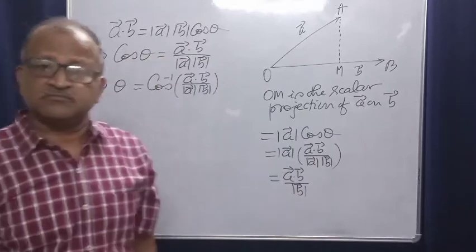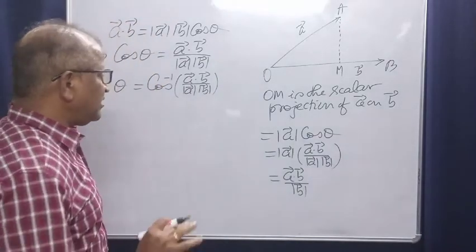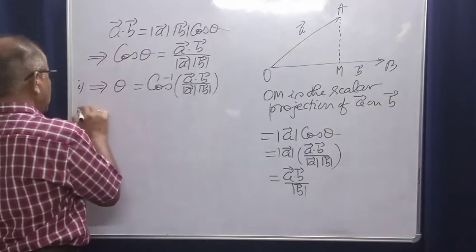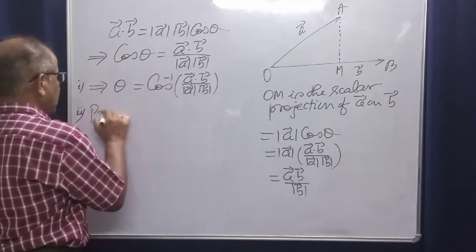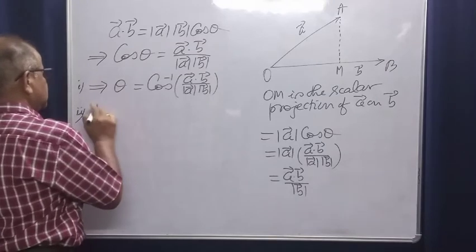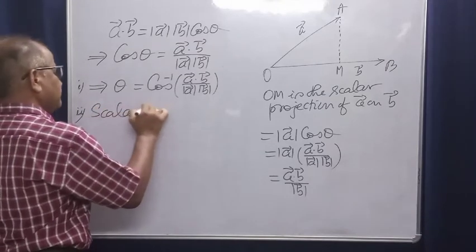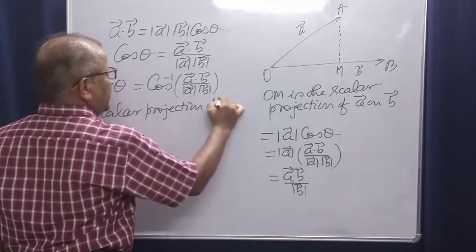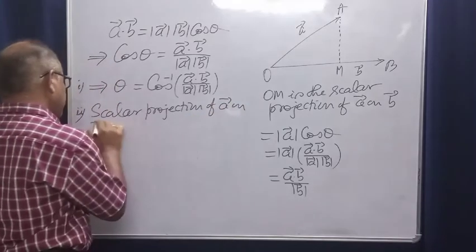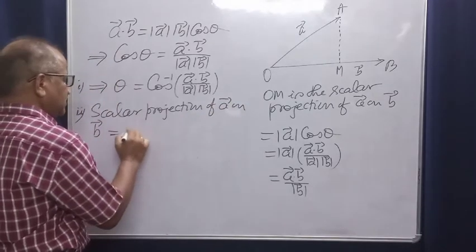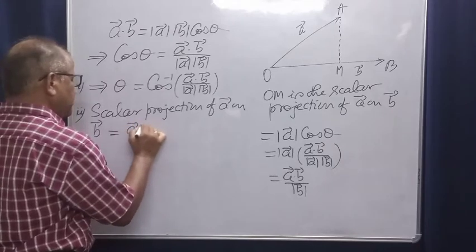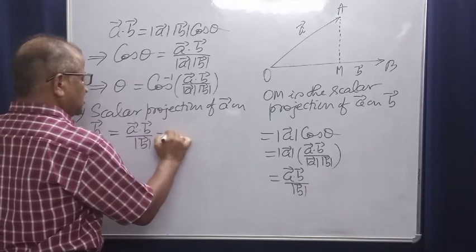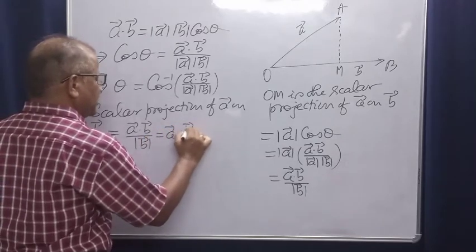That is number 1, theta, and number 2, the scalar projection of a on b, which is a dot b by magnitude of b.